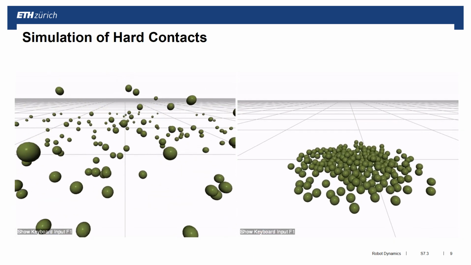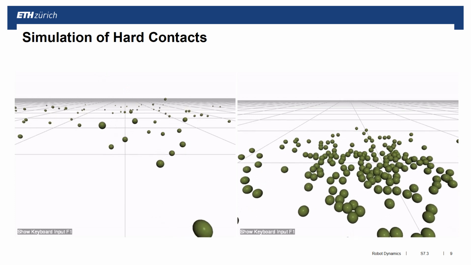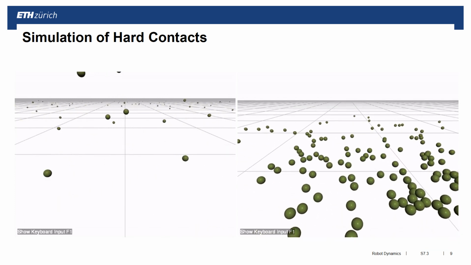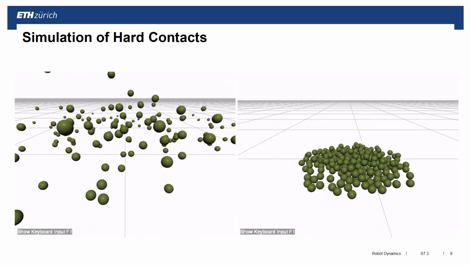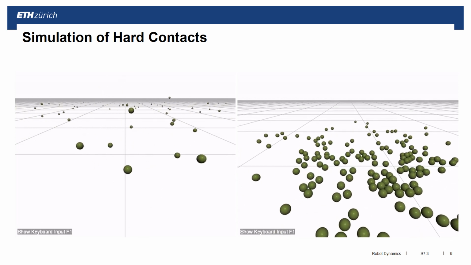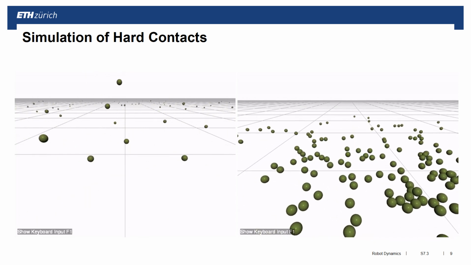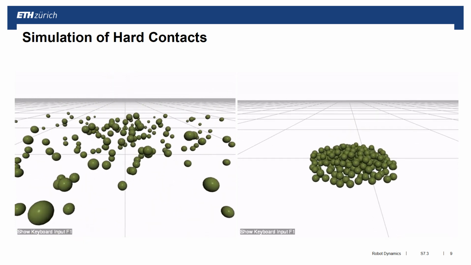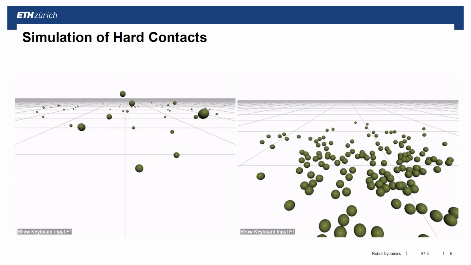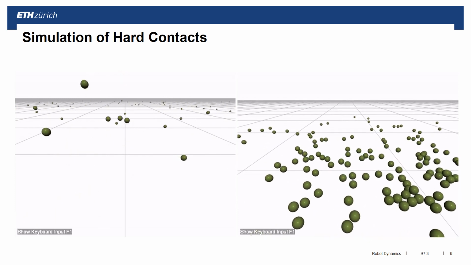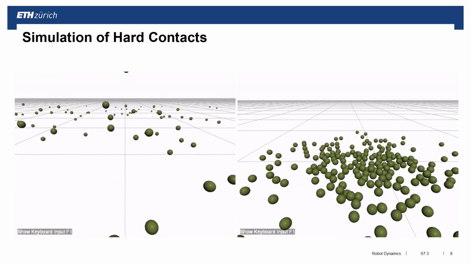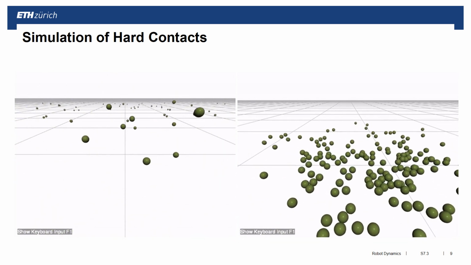Now, similarly to a system that has soft contacts, I can also simulate a system that has hard contacts. What you see here, for example, is a simulation of a couple of balls that are dropped to the ground, on the left from a certain height, on the right already on the ground, where we have different restitution parameters. On the left hand side you see a hard collision where the post-impact velocity is equal to minus the pre-impact velocity.